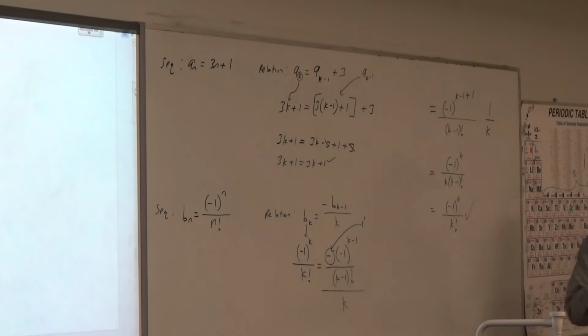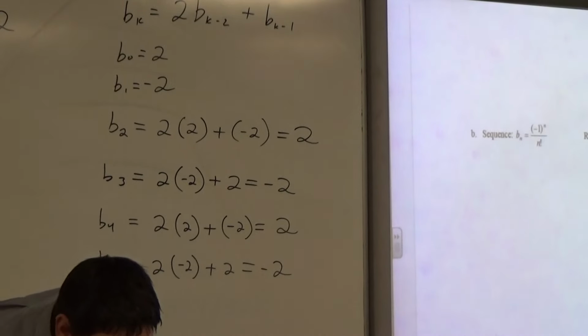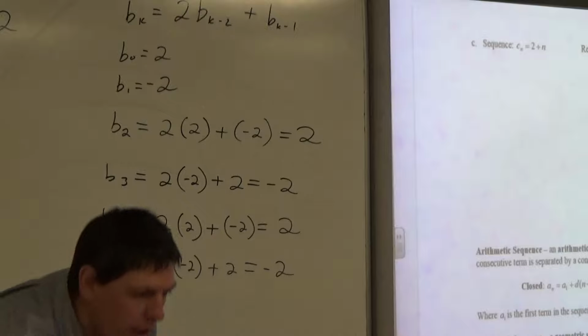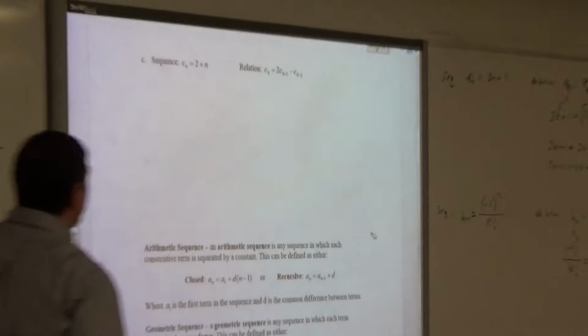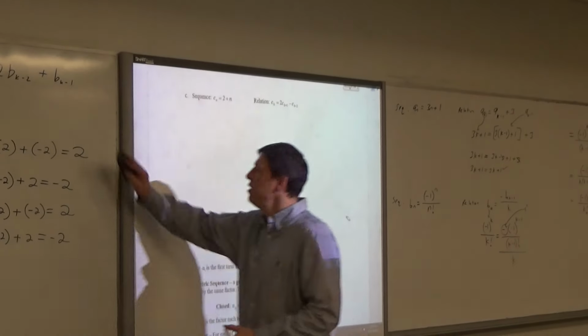Okay, we can even do it if we have a couple iterations back, much like we did with our second example we worked today. So let's take a look at something like that. So we have a really basic sequence, which is just 2 plus n.